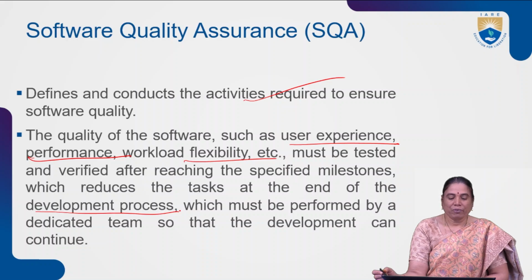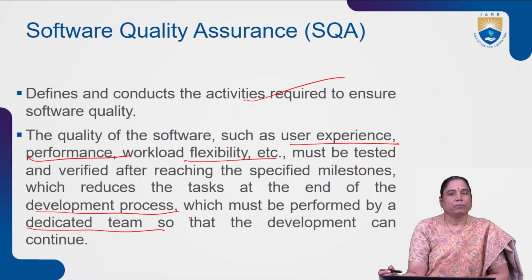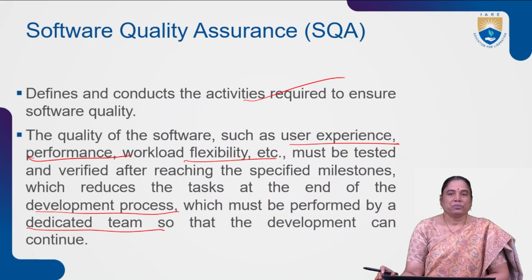This must be performed by a dedicated team so that the development activity can continue. So the development team and the SQA team are two separate teams in the software organization.